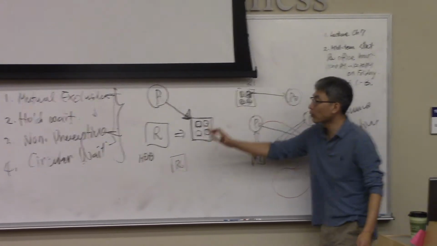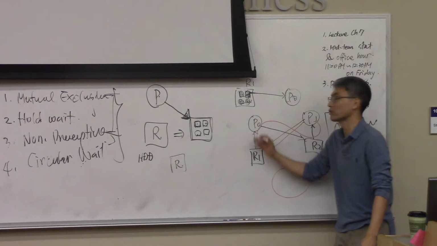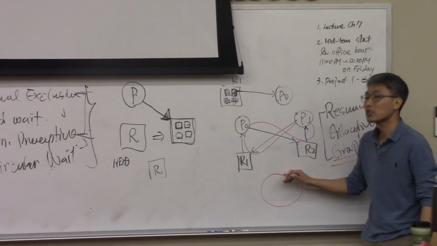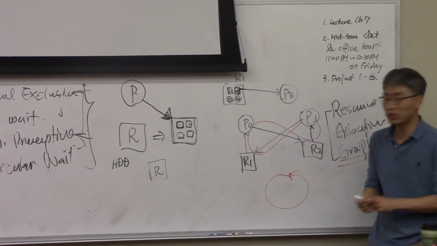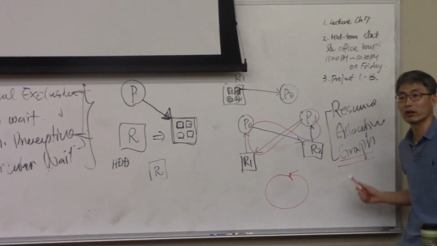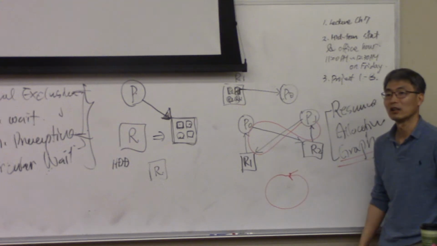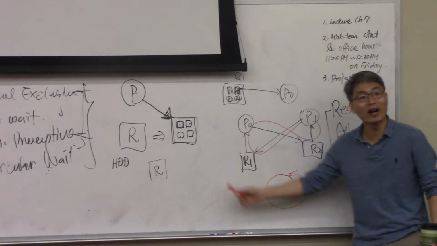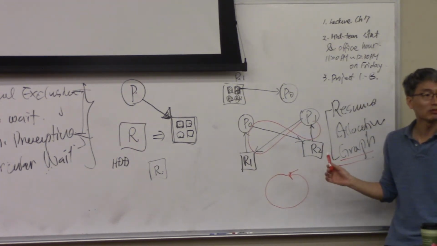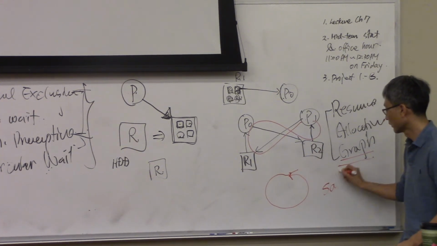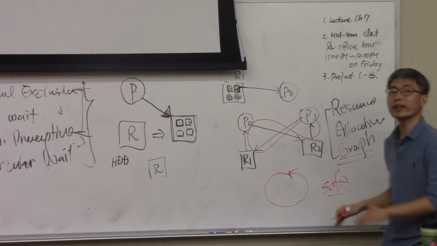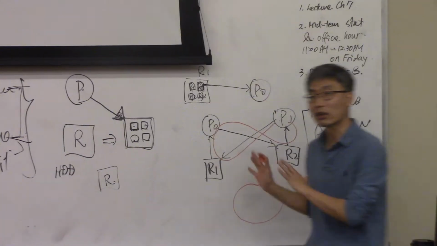Then the problem of the deadlock is the same as what? A circle. So if there is a circle in this resource allocation graph, that's the deadlock. If you cannot find the circle, it is fine. It's called the safe state. No deadlock.